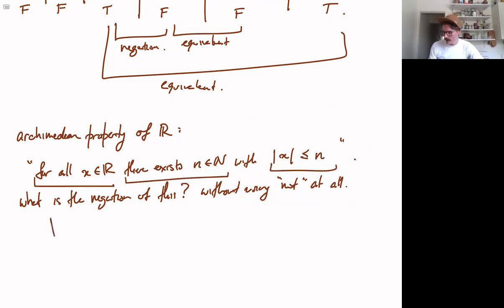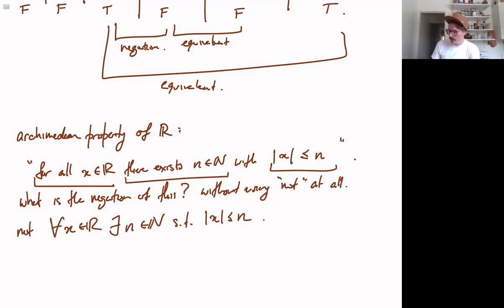So we write this as for all x in R there exists n in N such that, I'll just write, x less than or equal to n. And let's put a not at the front. So this is our negation. But now we want to try and rewrite it in a clearer way.